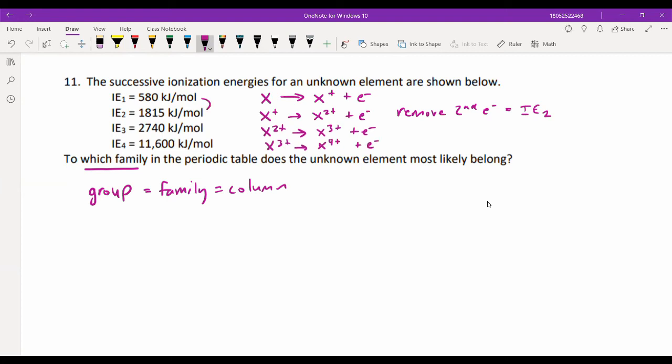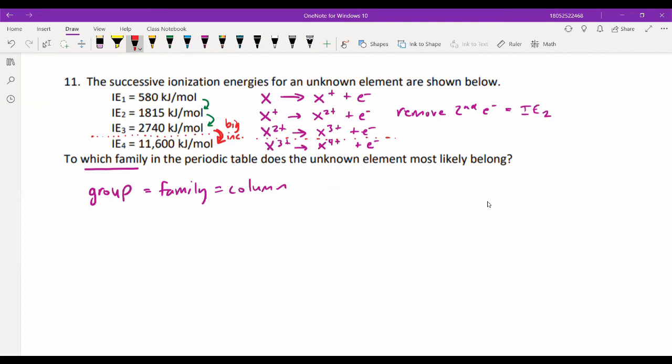So the fact that these increase isn't telling us anything surprising, but what we want to look for is where there's a large increase. So here's an increase, here's an increase. Oh, here's a big increase between 3 and 4, right? So there's something important happening between the third and the fourth ionization energy.